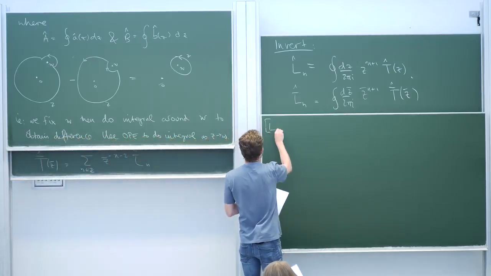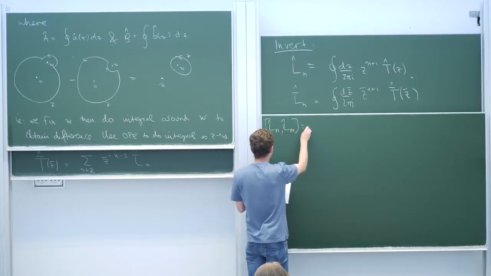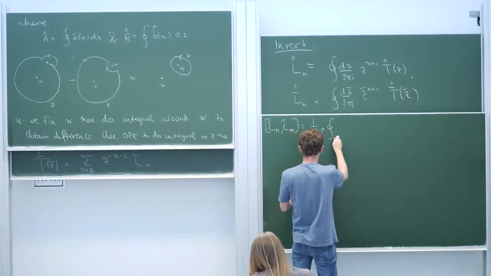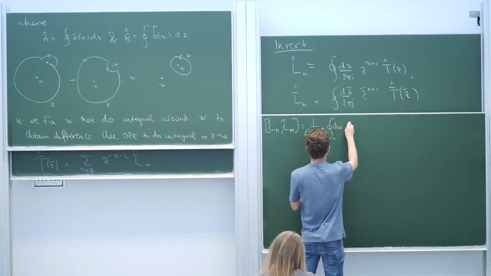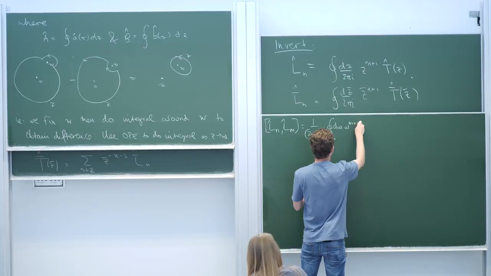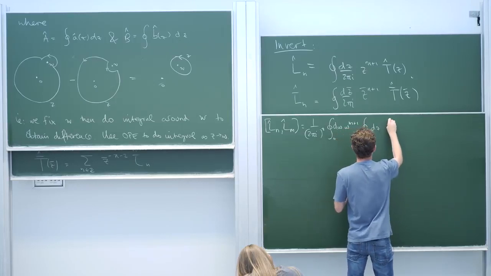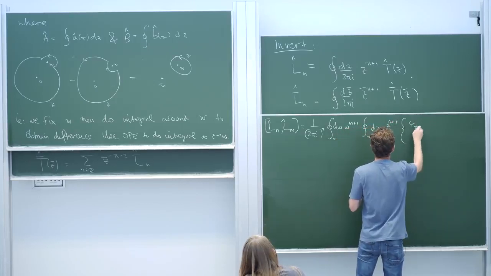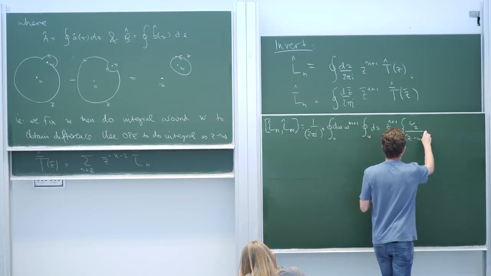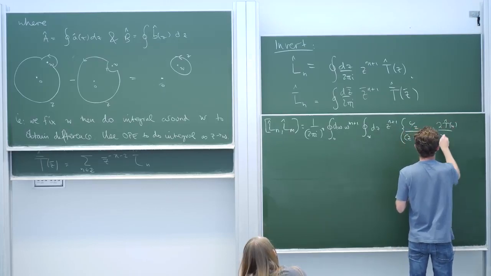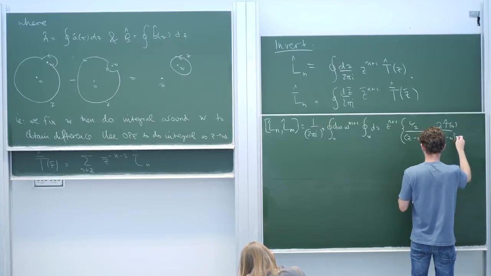So now we can finally do this promised calculation here, the commutator of Ln with Lm. Squared, right?